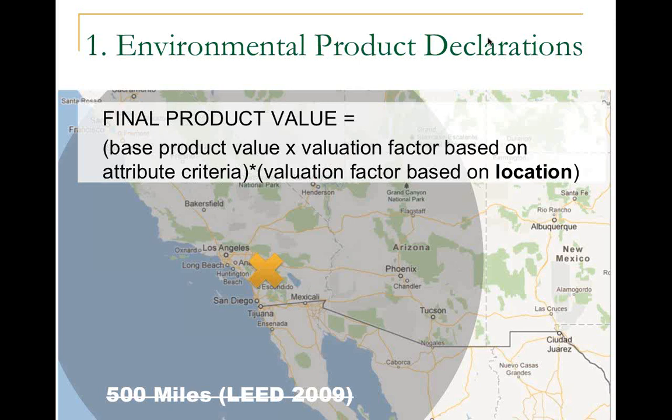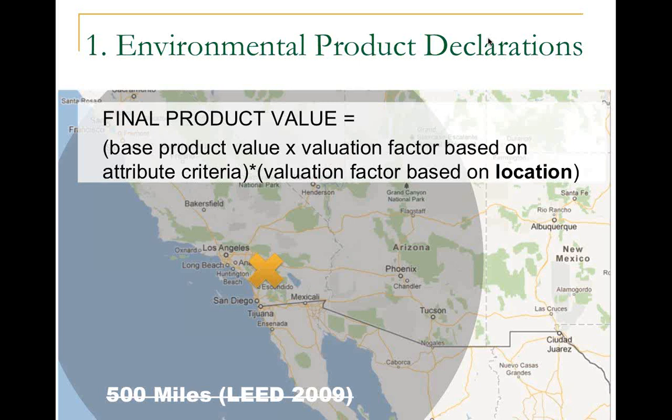So in Southern California, for instance, let's say you have a product that is within 500 miles, and concrete is always the case. Maybe cement as a product might not be within 500 miles, but generally concrete is a locally produced product and always contributes to that regional material.